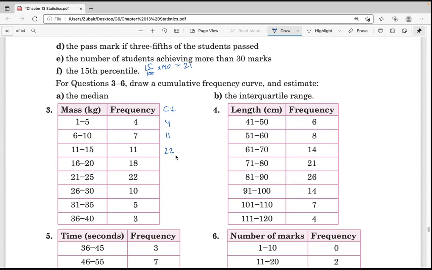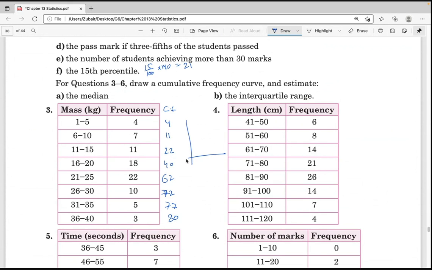Then you add the next one, plus 18, plus 22, plus 10, then plus 5, then plus 3. So we get the cumulative frequency values.